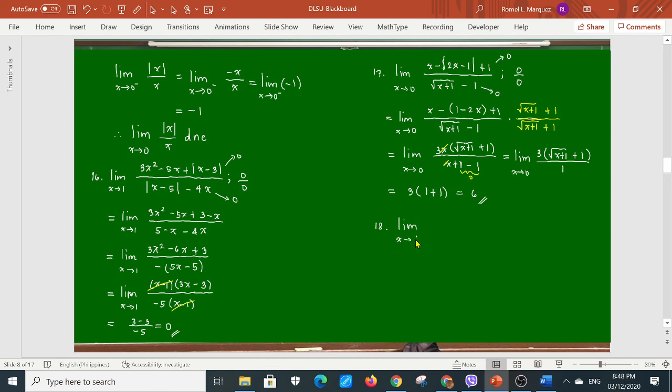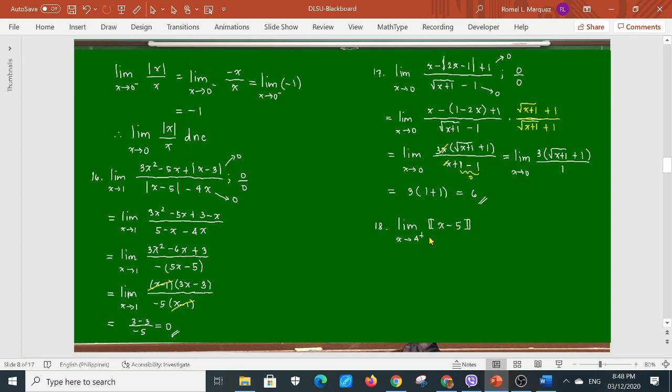If you still remember the greatest integer, from the right. From the right. Greatest integer of, yeah, that's how we write it. There are many notations for greatest integer, no? And this is what we normally use. Yan. Now, so, your x is approaching 4 from the right.